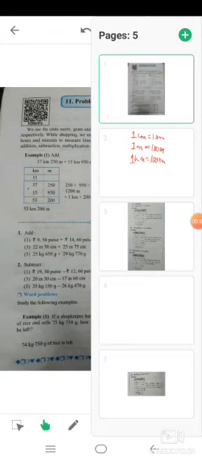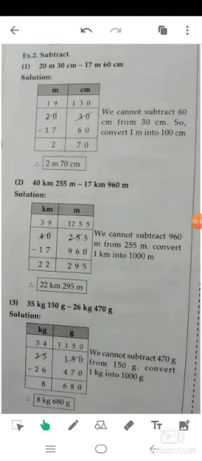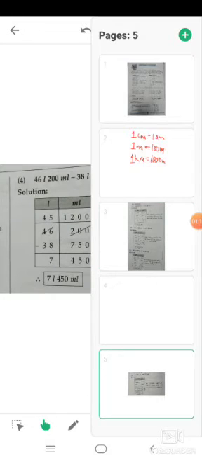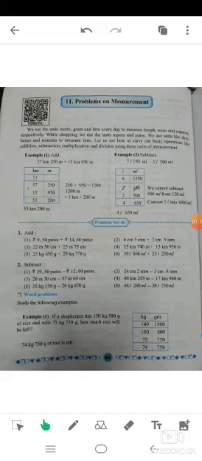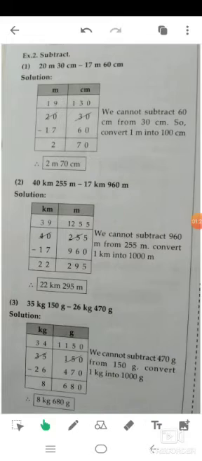Now see, here is the subtraction. This is question number 3: 20 meter 30 centimeter is subtracted by 17 meter 60 centimeter.